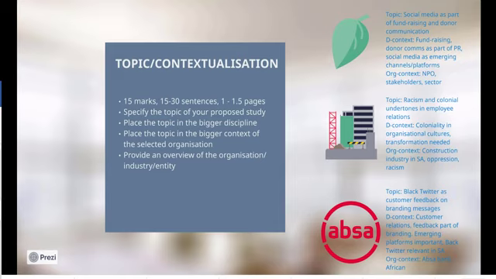Now, we speak of two different kinds of contextualization. The one is disciplinary contextualization. Now, you've already started this in the field and domain section, the previous section, but you must bring it into the broader discipline of organizational communication. And then you must go from that disciplinary contextualization to a more practical organizational contextualization where you discuss the relevance of this topic to the organization in question.